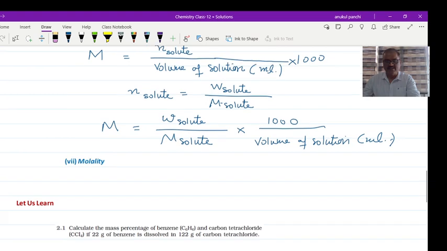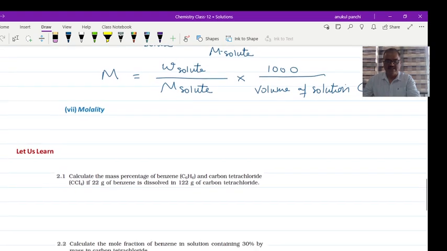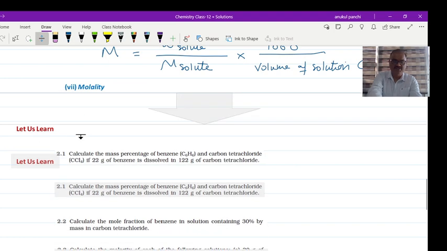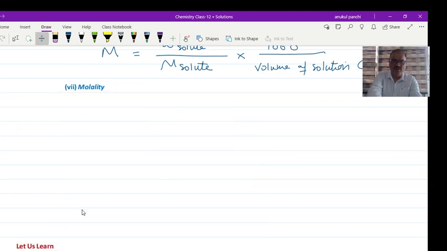Now let us take the last method of expressing concentration, which is molality. How is molality calculated? First of all, molality is represented by small m. Molarity by capital M, molality by small m. And how is it defined?